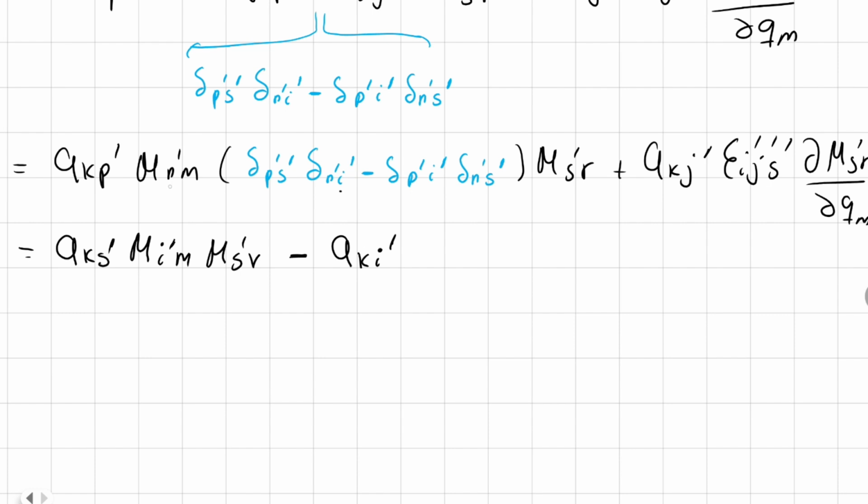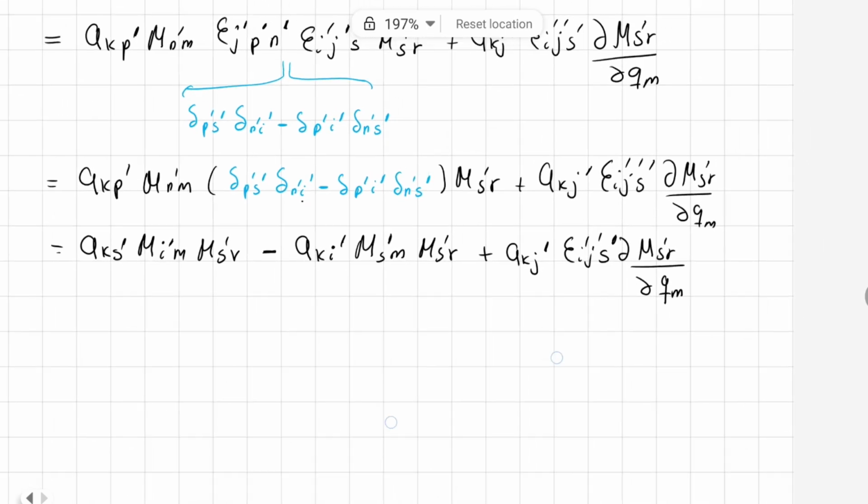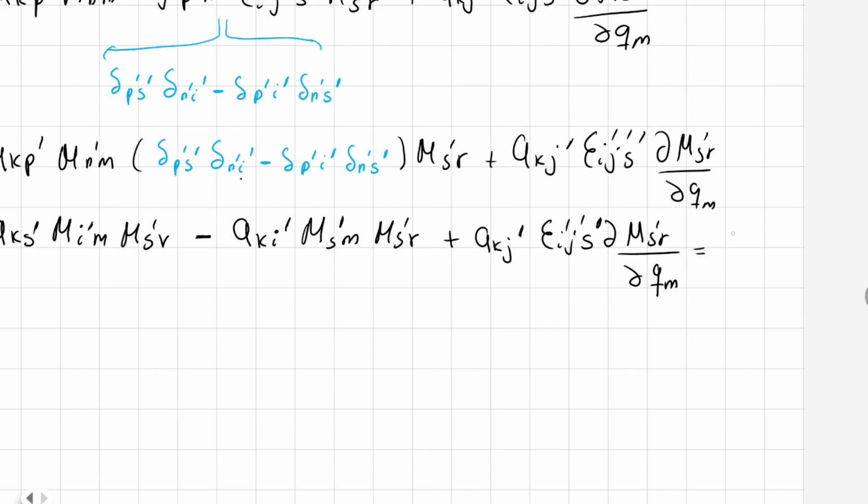And then this N is going to be switched for an S. So we get M S prime M M S prime R. And then plus A K J prime E I J S, the partial of M S prime R with respect to Q M. Perfect. And remember that this was the second partial of A K I prime with respect to Q M with respect to Q R.